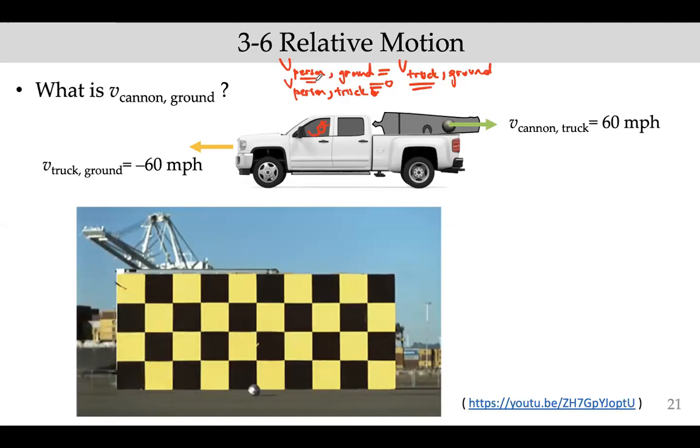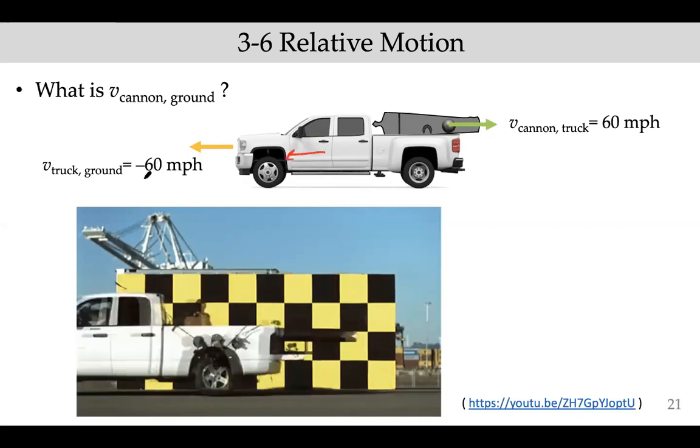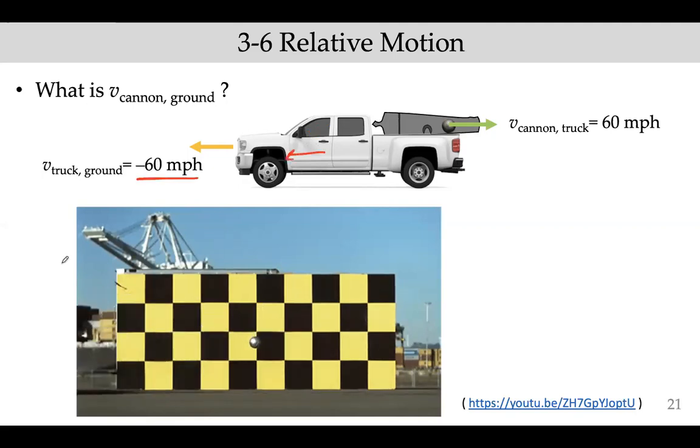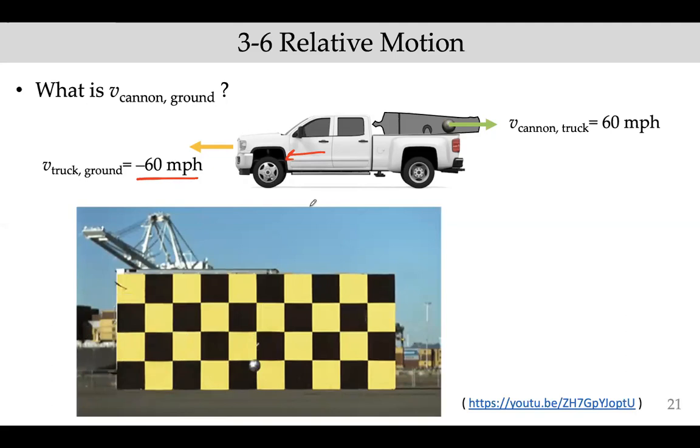Now, what happens in this image? This is actually from the Mythbusters show. There is this truck. It moves with velocity 60 miles per hour to the left. It's negative because I chose that direction to be negative.